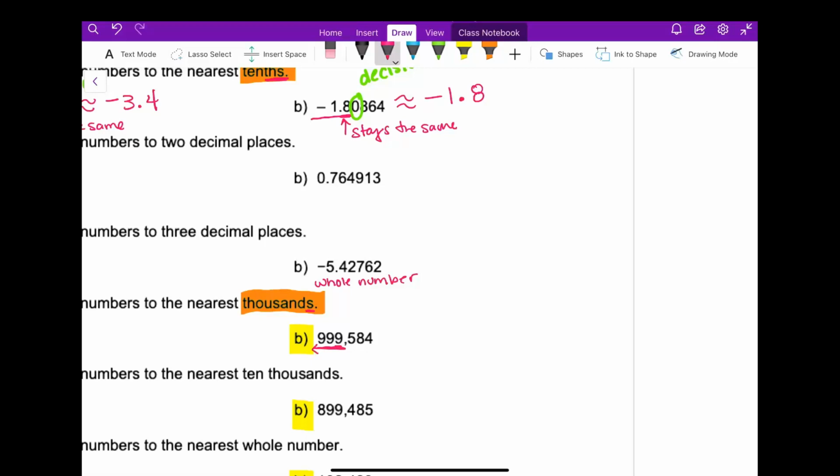We're going to circle our 5, and this helps us make a decision. The decision comes from the question, is this number 5 or more? So that includes the 5. It is 5 or more, so we are going to add 1.